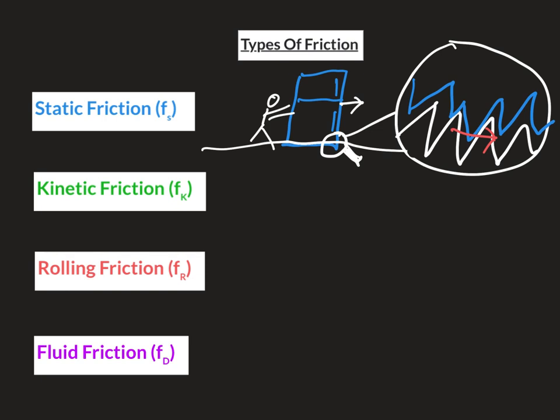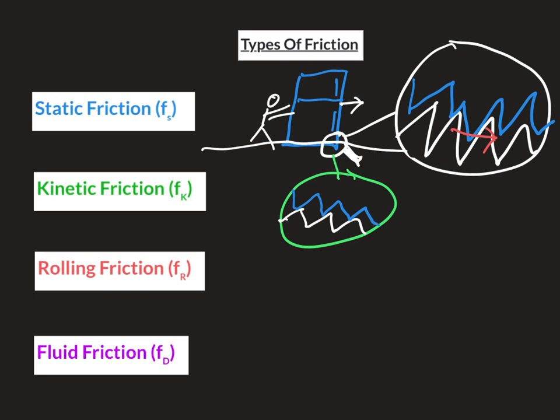Now, with kinetic friction, it already has started moving. But in this case, we're going to look down here, and you would see that it's now slightly above each other. So because you have the rough ends, but you've started to move, they're not going to be as deep set anymore.